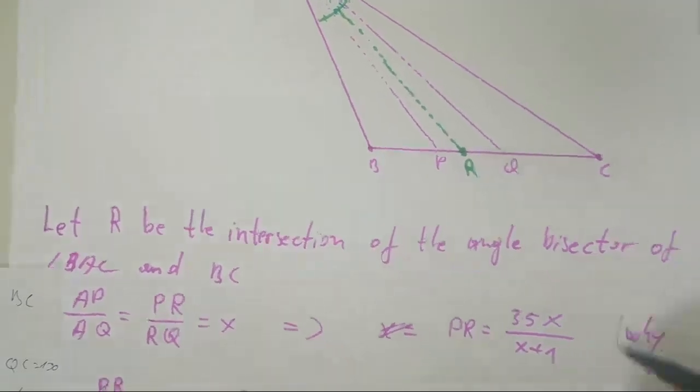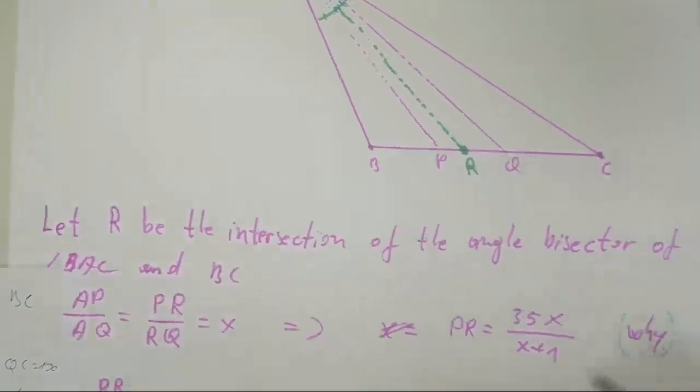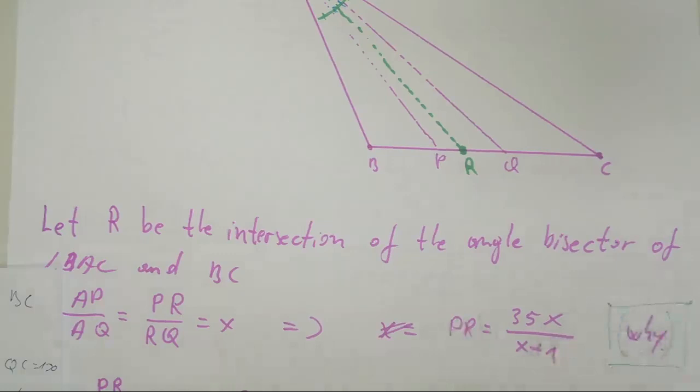All right, we will continue. We have here a question. Why is this PR 35x over x plus 1?